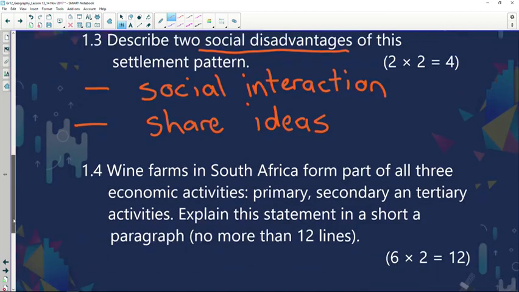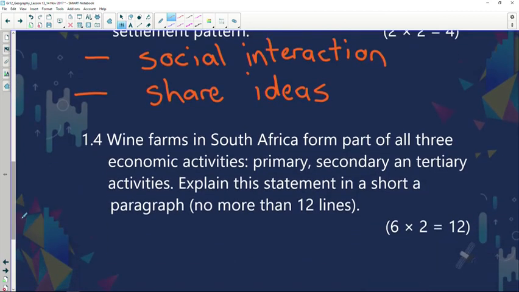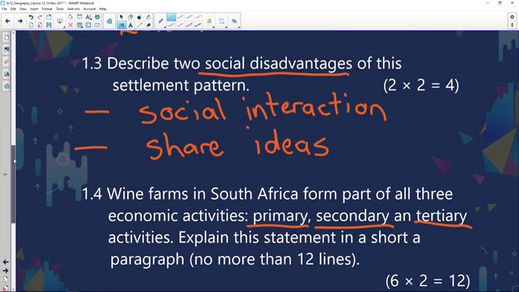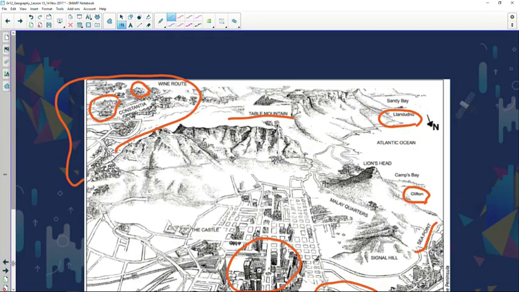The next question: wine farms in South Africa form part of all three economic activities: primary, secondary, and tertiary activities. Explain the statement in a short paragraph. First of all, if we quickly look at the settlement, the primary activity that's taking place over there is the farming of grapes.